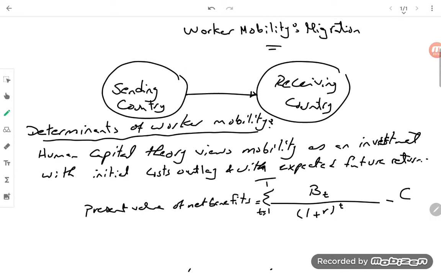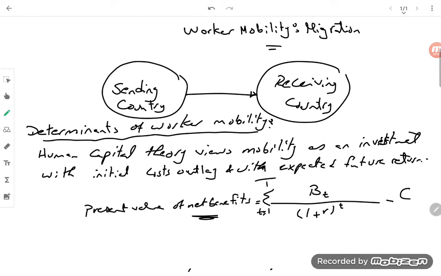The decision to move, or even to change job, is related to mobility in general, not migration or immigration precisely. So the decision to move from one place to another depends on the net benefit that you are going to get from this movement.